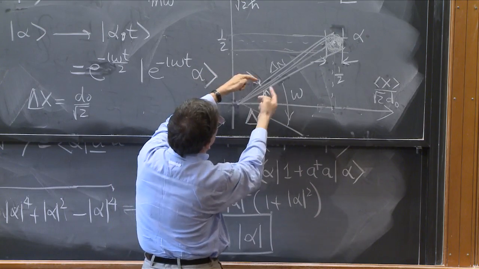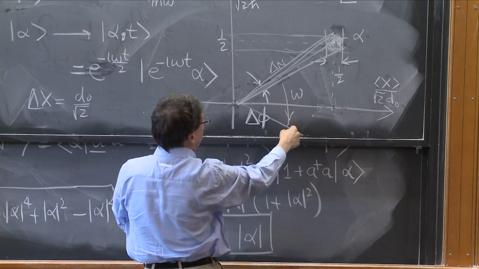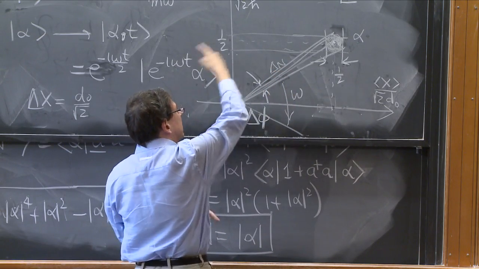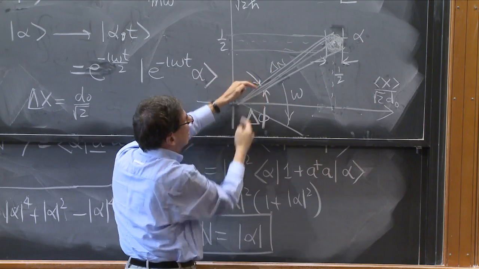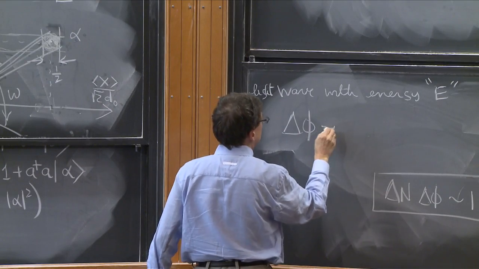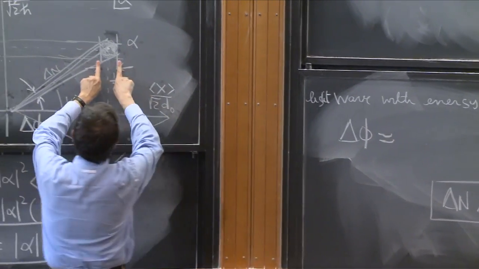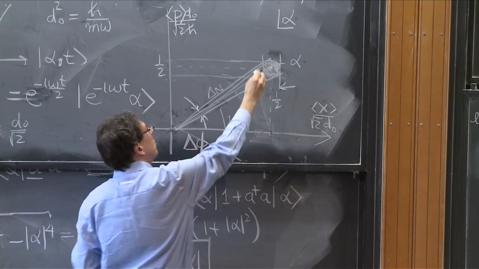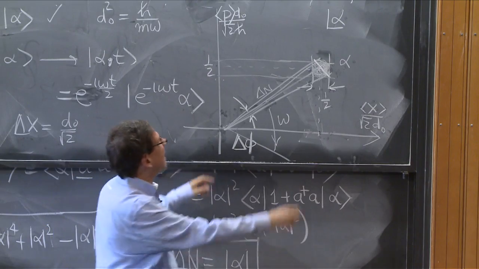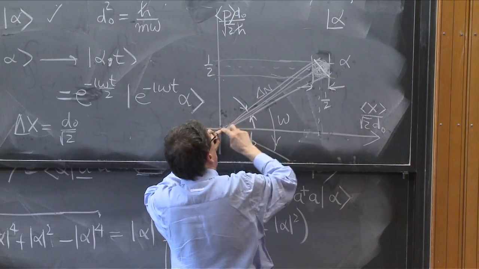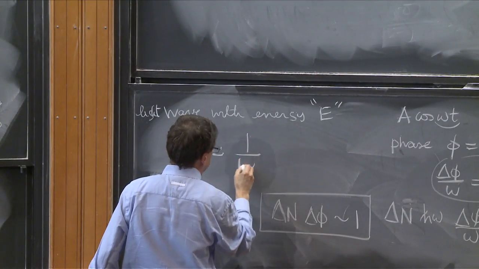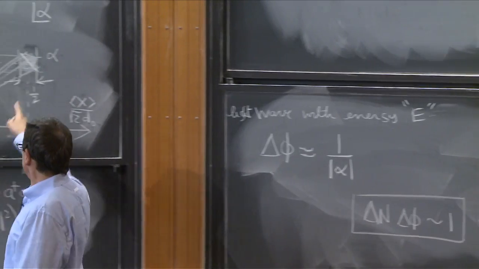So there's an angle here in this diagram that represents the phase, because this is going with frequency omega t. So this is the phase as this goes around. So this angle, delta phi, is how much? Well, if this is 1/2 and this is 1/2, I'm going to assume that this is 1/2 as well, or 1, or something like that. So it's 1 over this length. That's the uncertainty.